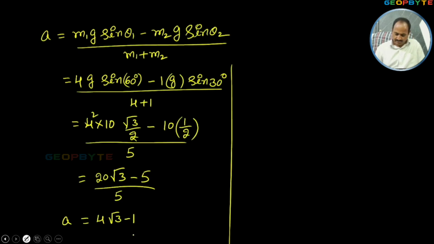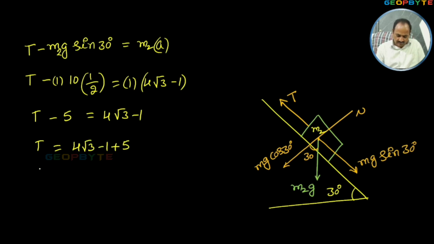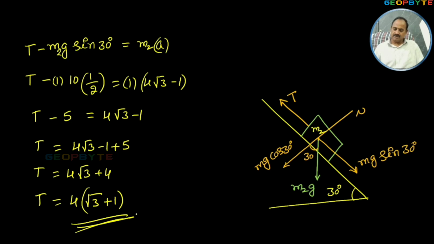The a value is 4 root 3 minus 1. So T minus 5 is equal to 4 root 3 minus 1. From this, T equals 4 root 3 minus 1 plus 5, so T equals 4 root 3 plus 4. Therefore tension equals 4 into (root 3 plus 1). That is the tension developed in the string.